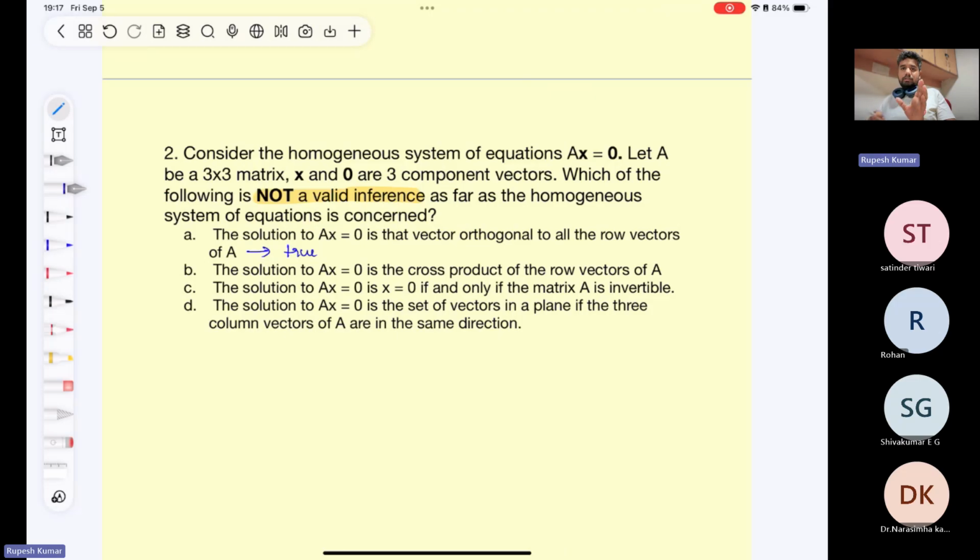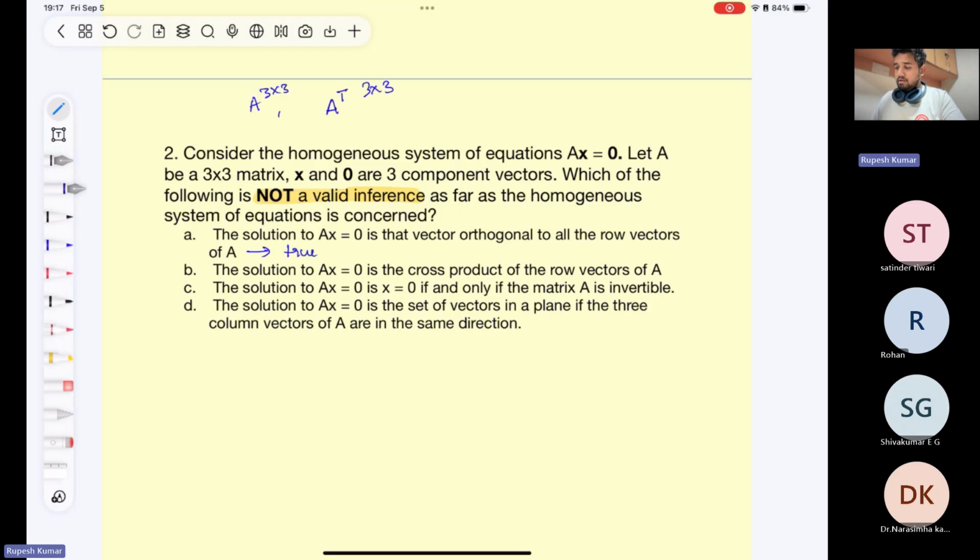You're just trying to look at the row span now. Now you had three independent column vectors. So do we have three independent row vectors also? Easy to answer, just think of the transpose operation. Let's say A is a 3 cross 3 matrix and it has some rows which are linearly independent. So what about A transpose?